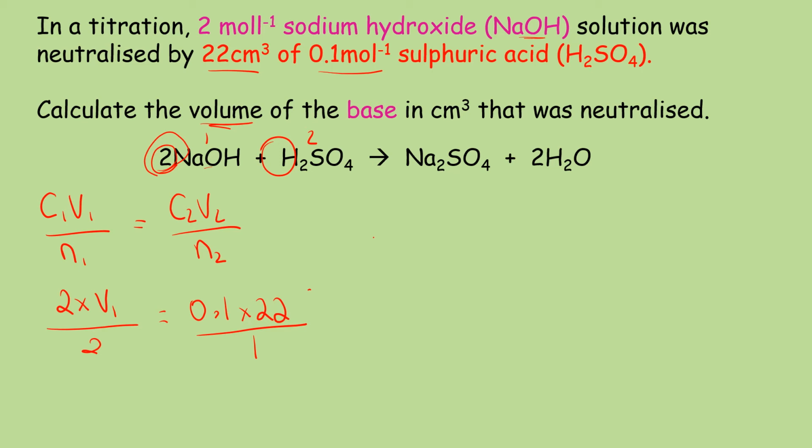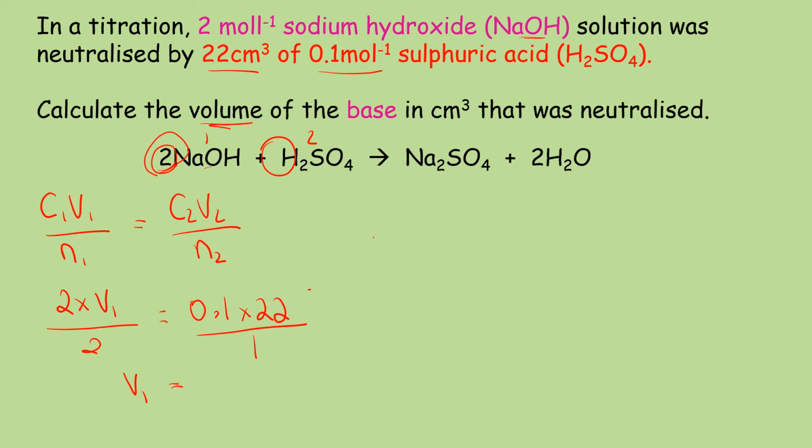We're going to simplify it down. We're going to get rid of the numbers to try and get it into one line. If I multiply something by 2 and then divide it by 2, I've done nothing to it, so the 2s cancel out. This simplifies down to just be V1.